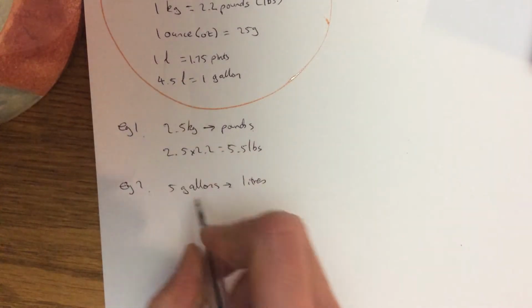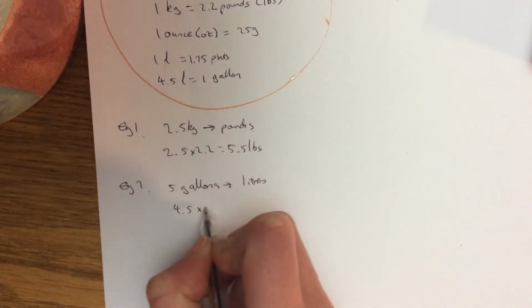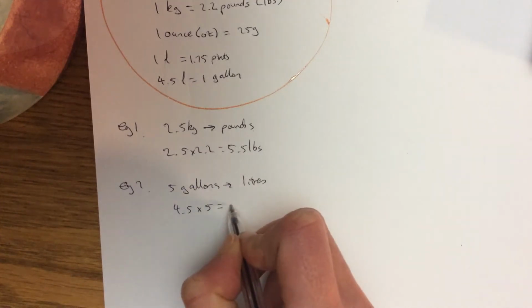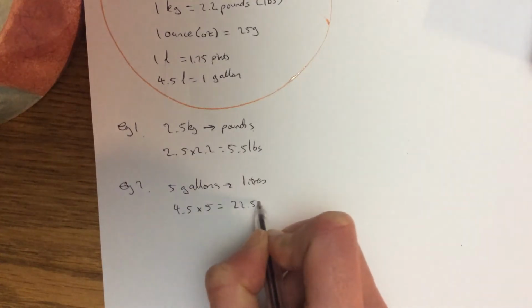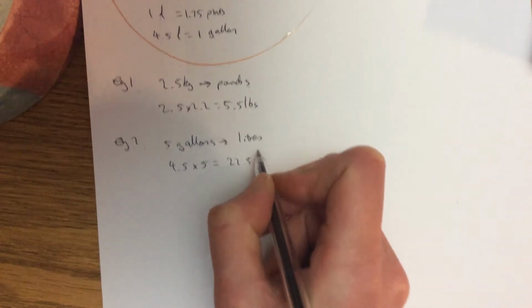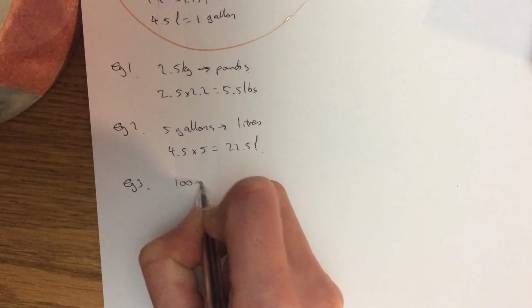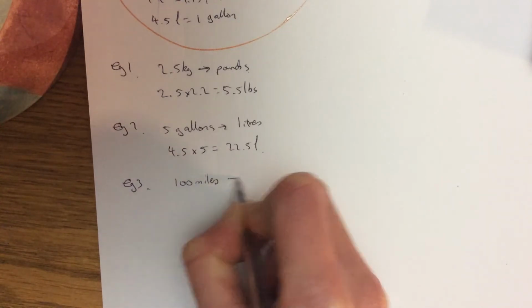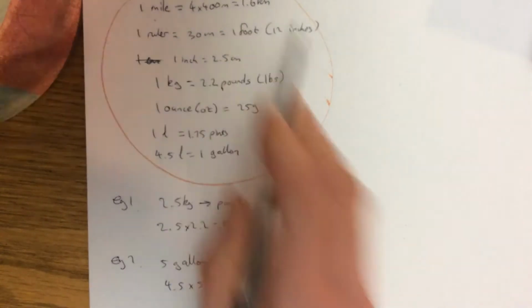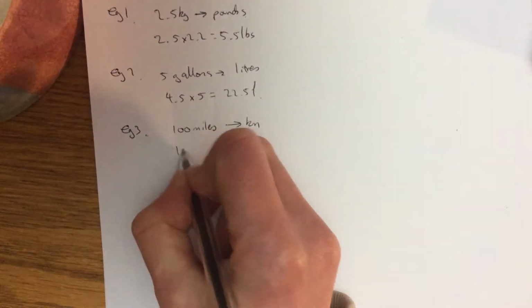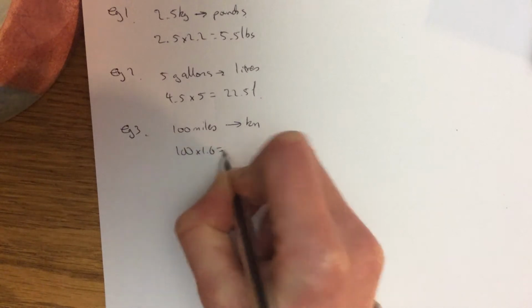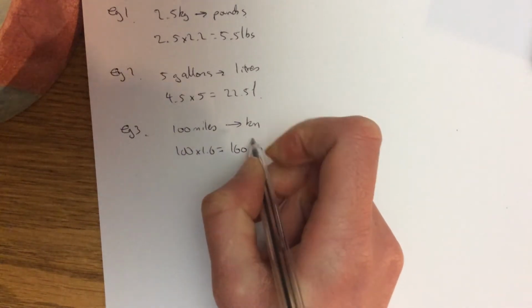So 1 gallon is 4.5, so 5 gallons times 4.5 gives you 22.5 litres. Example 3, 100 miles into kilometres. From the top there, 1 mile is 1.6 kilometres, so 100 miles is 160 kilometres.